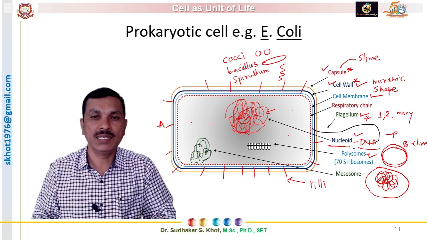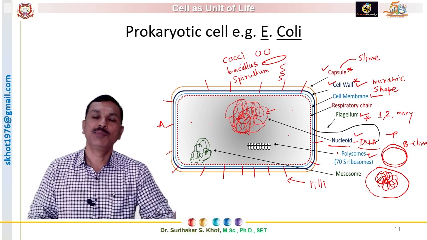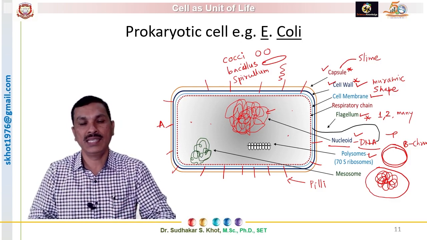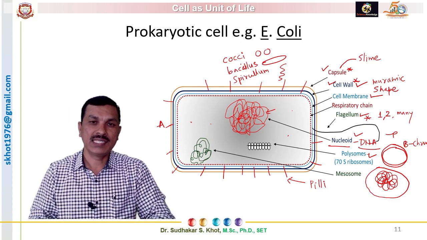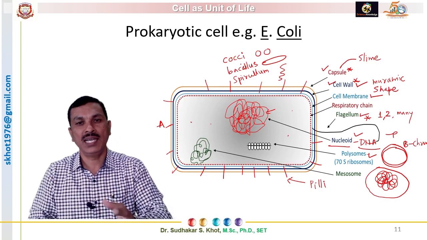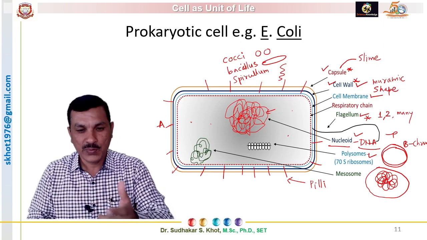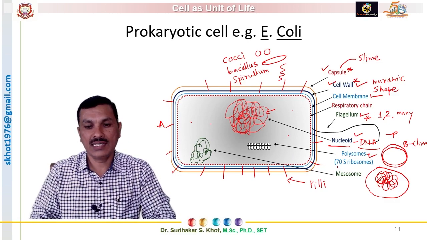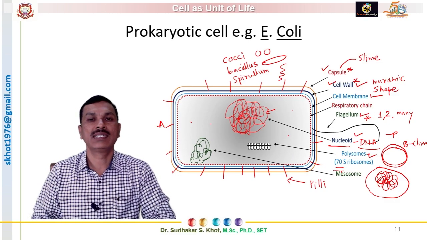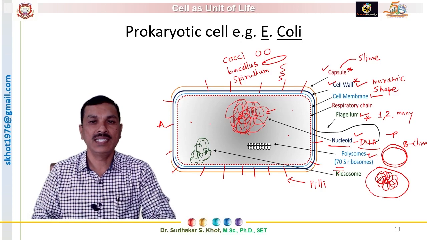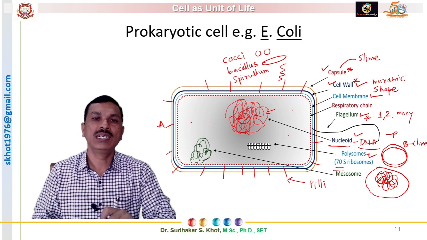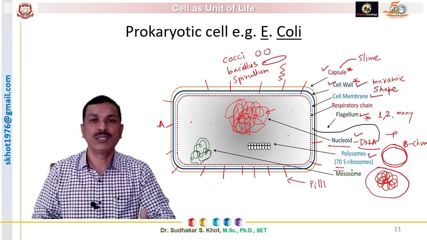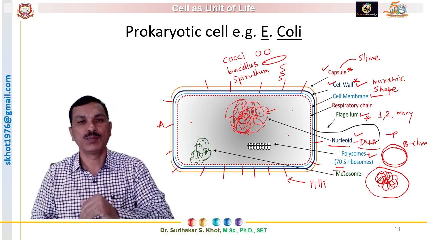The other cell organelle is the ribosome. Ribosomes help in protein synthesis, and proteins are essential for the enzymes which carry out all the activities in a living organism. So these enzymes are synthesized by a specialized assembly called a ribosome. In prokaryotic cells, these ribosomes are of 70S type. 70 Svedberg unit ribosomes are also called prokaryotic ribosomes.